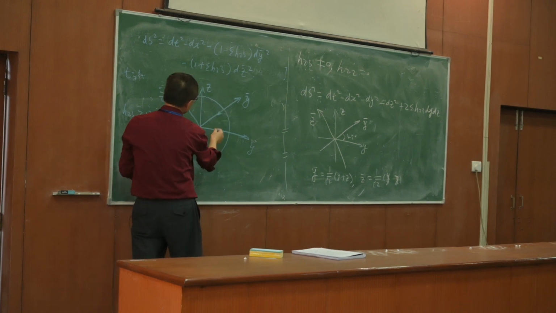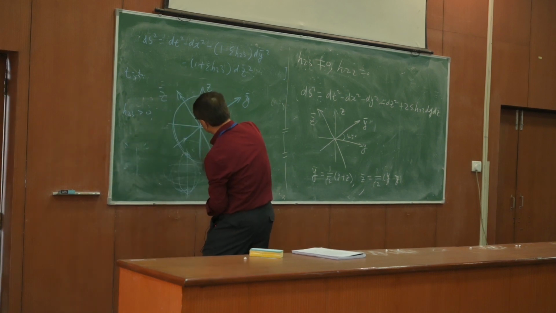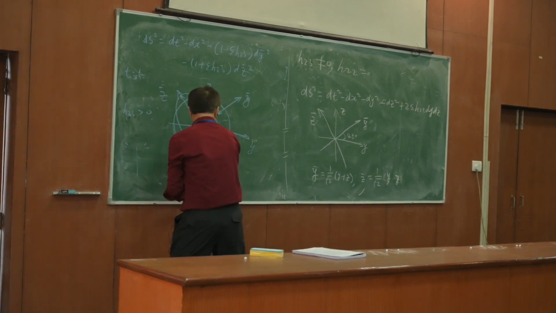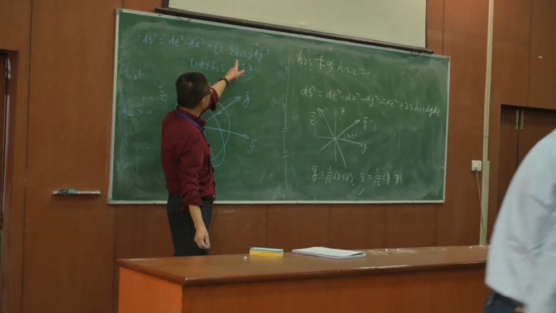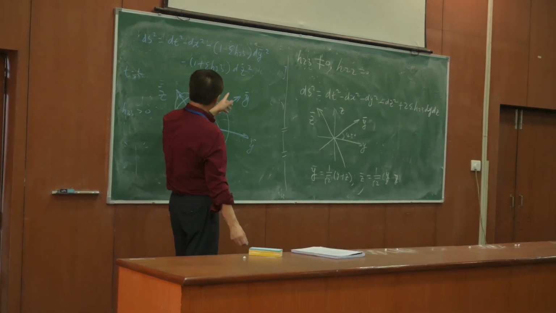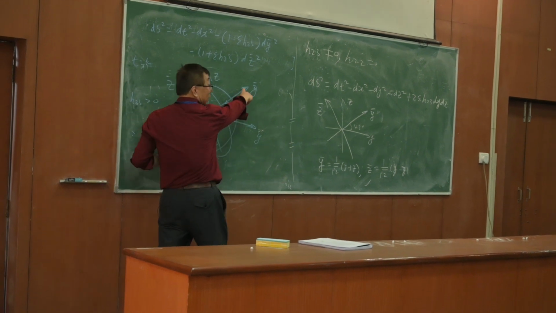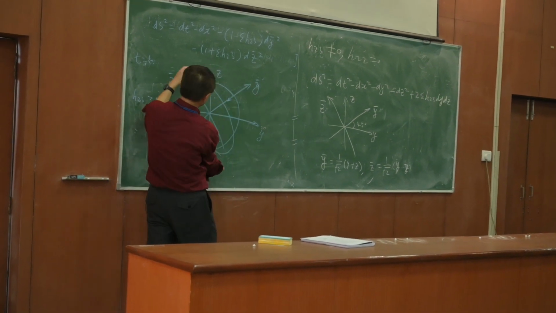Then you can see I will get something like this, right? Later, for example, this guy becomes negative, then this will be a stretch and this will be a squeeze.